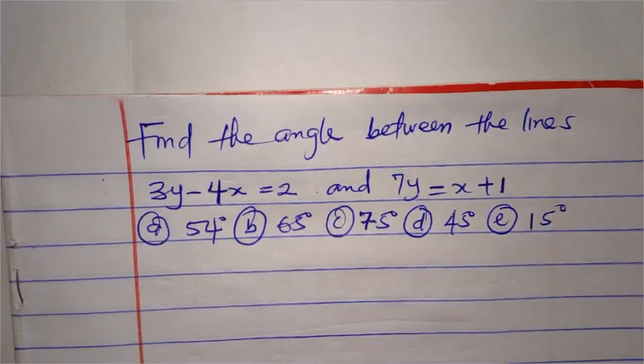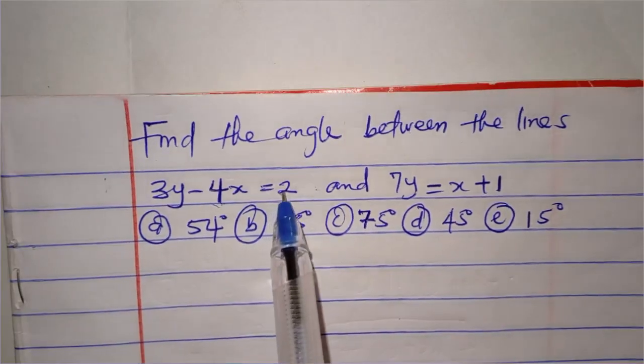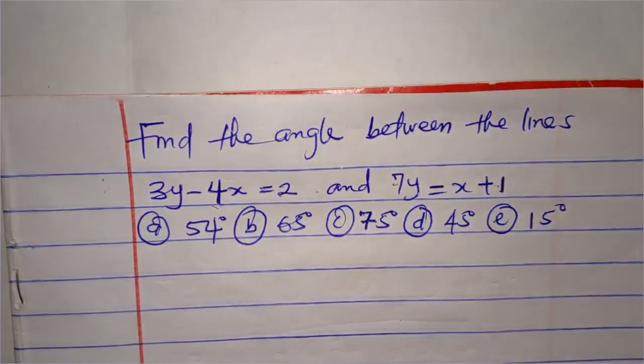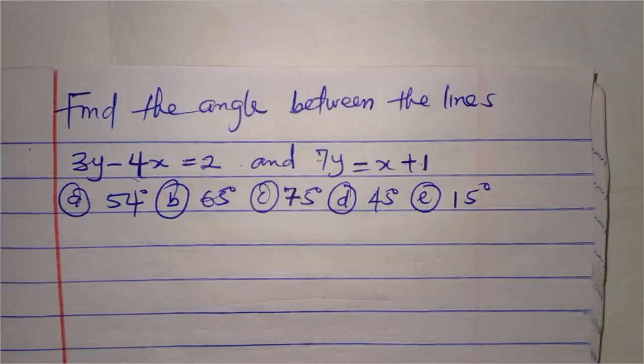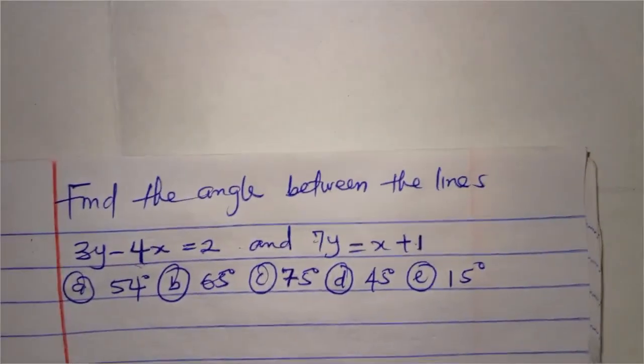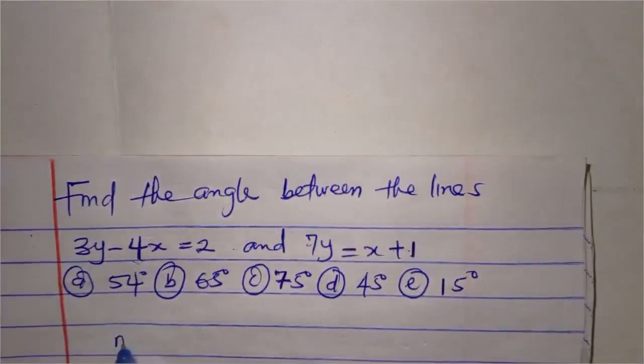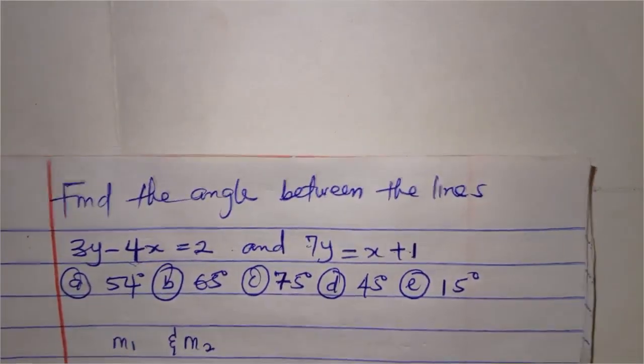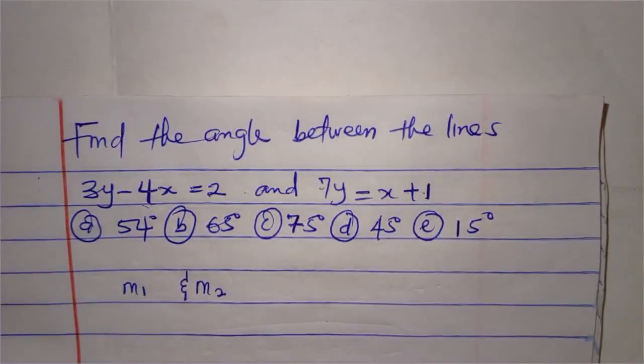Find the angle between the lines 3y minus 4x equal to 2 and 7y equal to x plus 1. Okay, we have to find the angle between these two lines. Given two lines with gradients m1 and m2, we can determine the angle between these two lines.